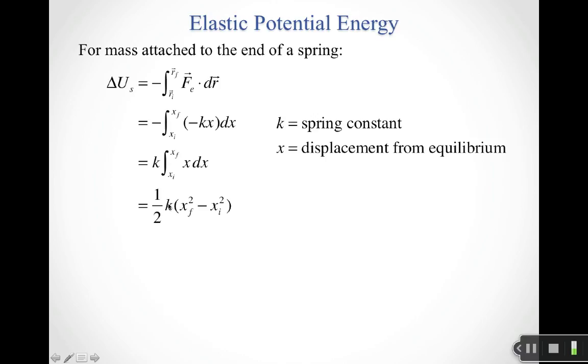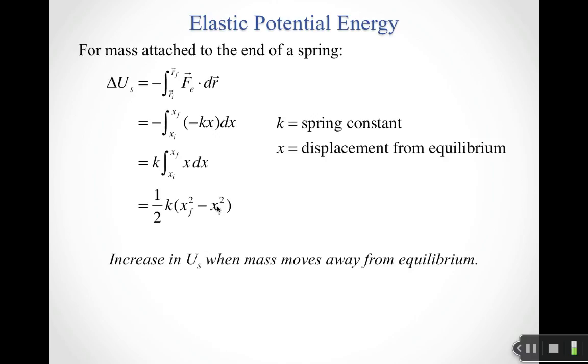And so we're left with the change in the elastic potential energy is equal to 1/2 k, k again is our spring constant here, times the final displacement from equilibrium squared minus the initial displacement from equilibrium squared. So again, these x's are defined to be displacements from equilibrium. How far away have you stretched or compressed the spring?